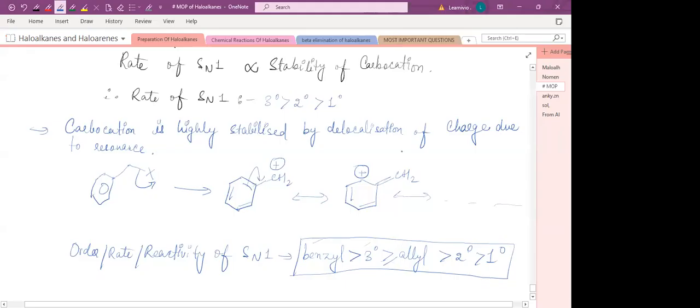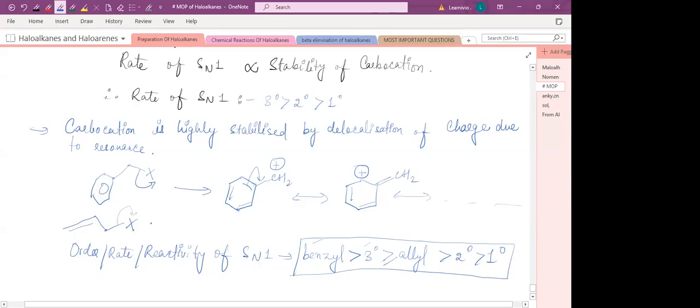And just remember, in allylic also you can see the same, because we know the allylic structure: X is the halogen group, attached to an sp3 hybridized carbon, and this sp3 hybridized carbon is attached to an sp2 hybridized carbon, right? So a carbon-carbon double bond. That is your allyl halide, right?